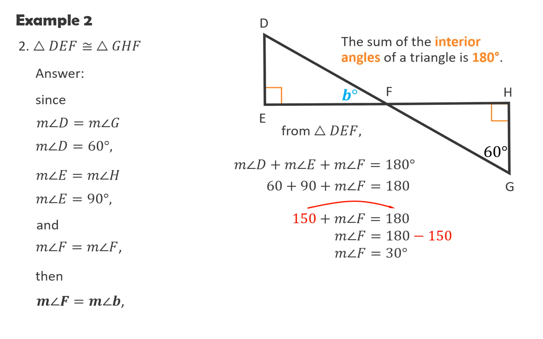Then, subtract lang natin. So, yung measure ng angle F natin is 30 degrees. Now, since yung measure ng angle F natin ay equal doon sa measure ng angle B, yun yung hinahanap natin. So, therefore, the answer for measure of angle B is equal to 30 degrees. So, that would be yung answer natin for example number 2.